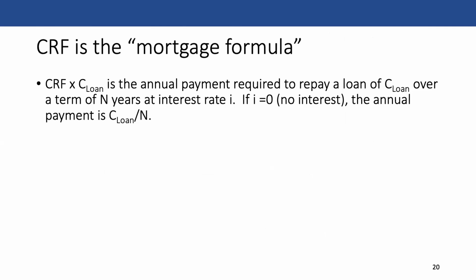Okay. CRF is the mortgage formula. Again, this is the annual payment required to repay a loan over a term of n years at a specific rate. If there's no interest, then the annual payment is just the loan divided by n.